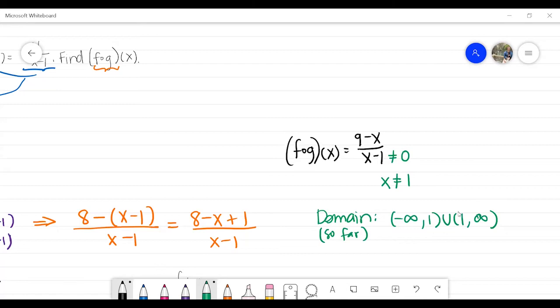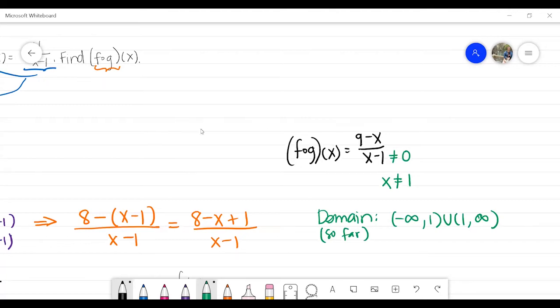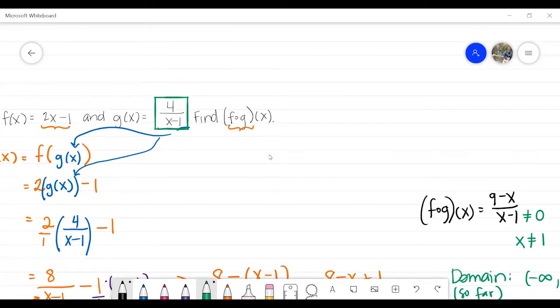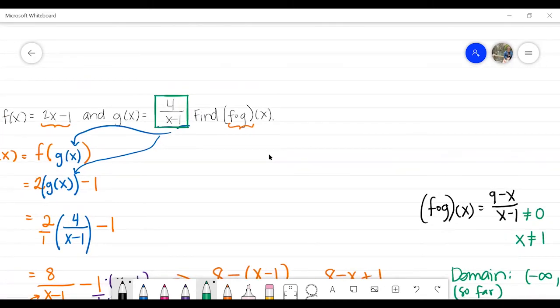The other piece of the domain that we have to consider, though, because this is a composite function, because we plugged one function into another function, is the domain of my inner function. In this case, g of x was on the inside, right? So if g of x has additional restrictions, we have to take those additional restrictions out of the domain that we just found, okay?